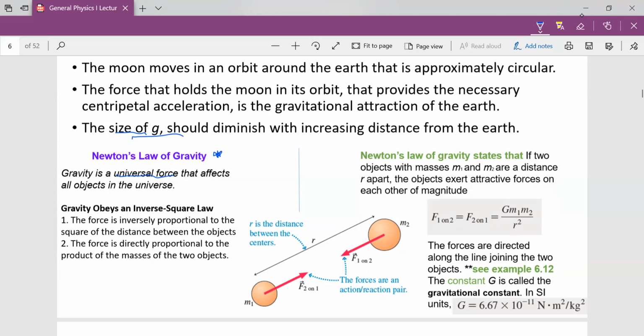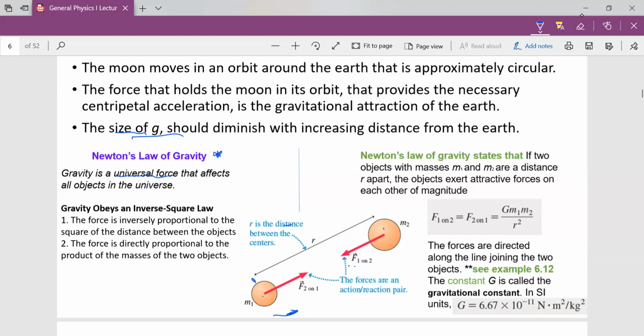Now, if you look at these two masses here, we see the bigger one and the smaller one, they have a pull towards each other from the center, all right? And whenever we say the distance between them, we're talking about the measurement from the center of this mass to the center of this mass.